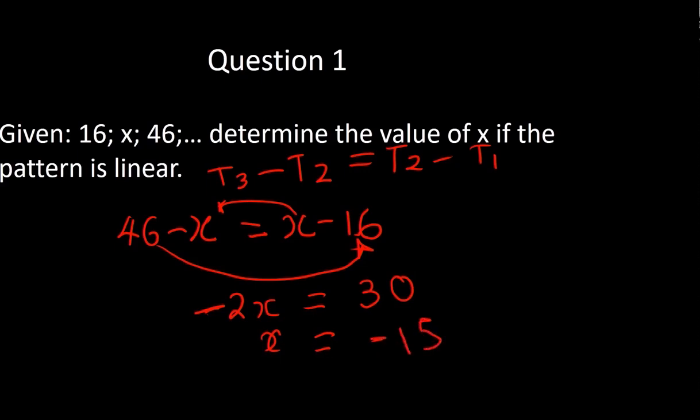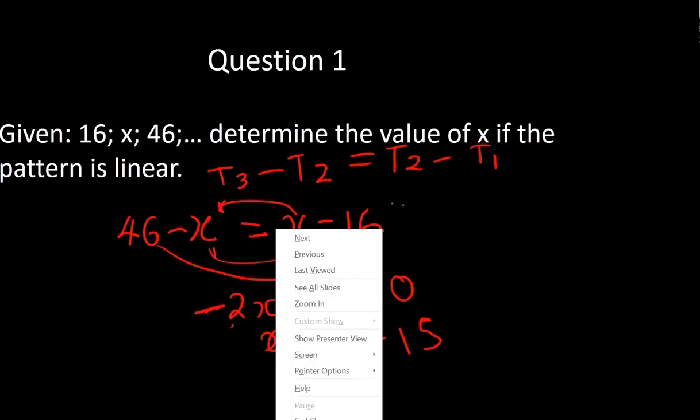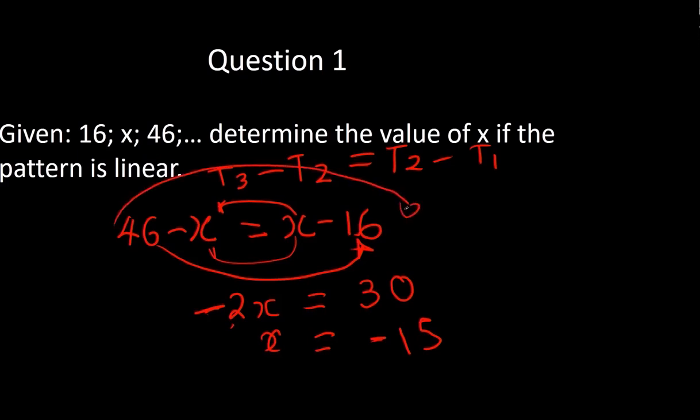And let's just double check that we haven't made any careless mistakes. 46 minus x, so we take the x over, we get minus 2x. Minus 16, and this should be minus 46. Careless mistake, and hopefully you are switched on and you spotted that one.